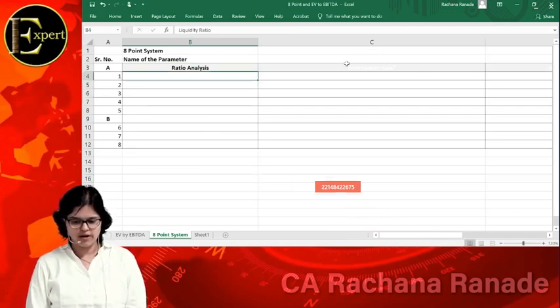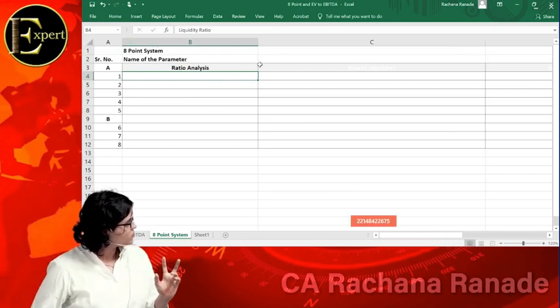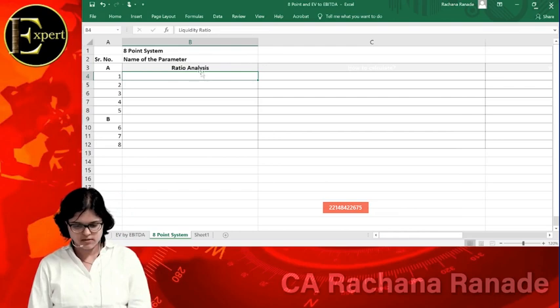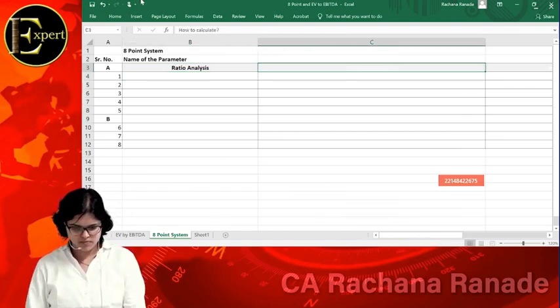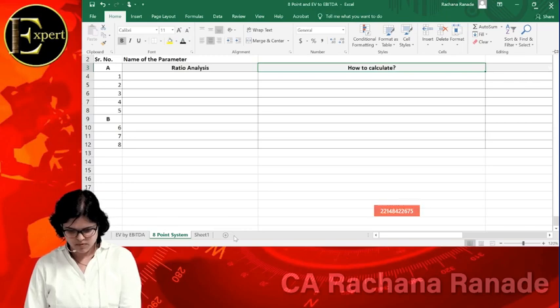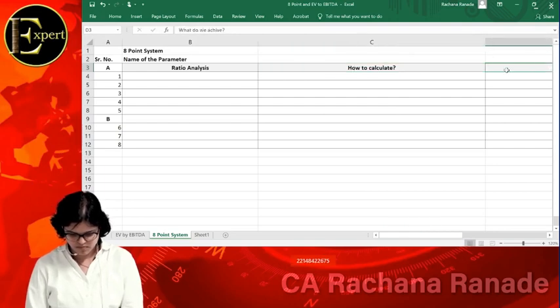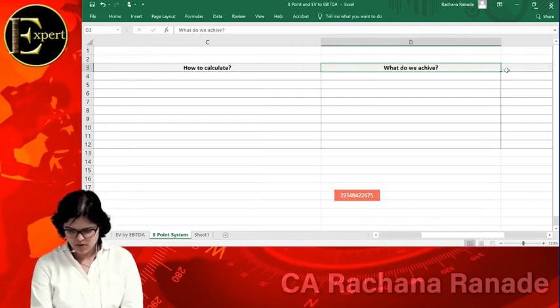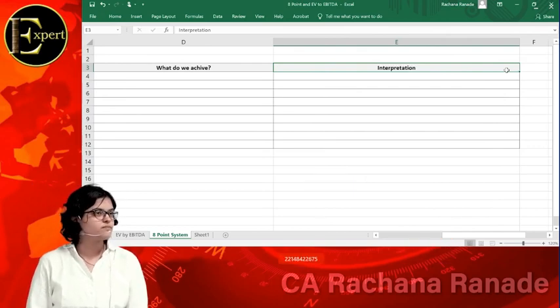So I'll just tell you how I have designed it. It's an 8-pointer system. Okay. First we would write about ratio analysis. So these are my 8 points. What do we achieve? And interpretation.